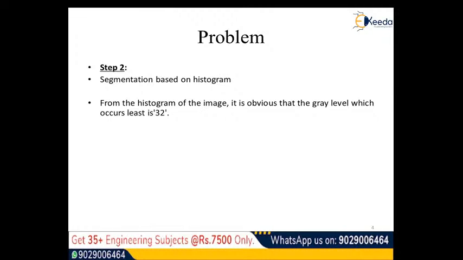So 32 has occurred a very small number of times compared to the others. Based on this observation from the histogram computed from the given image sample, we can fix the threshold value. So the threshold value should be equal to 32 here.